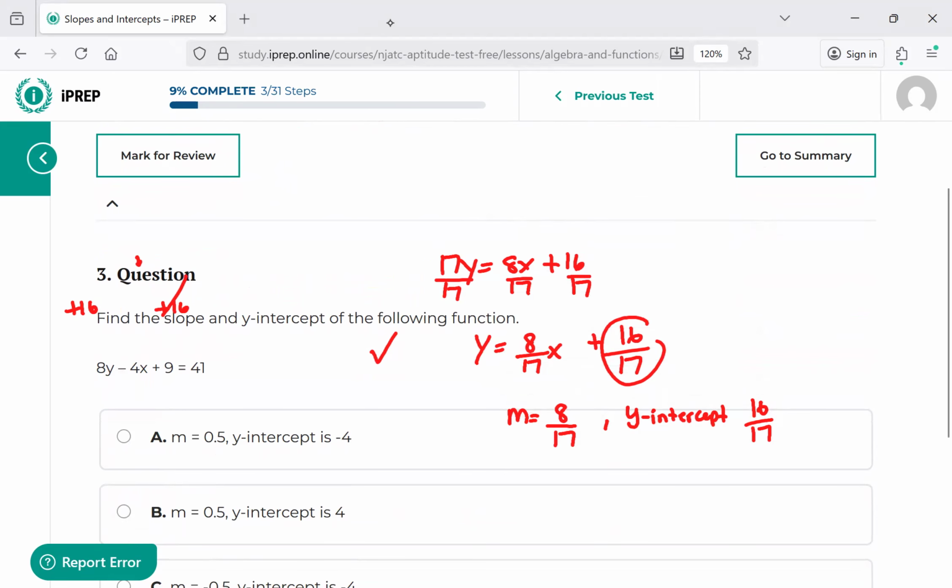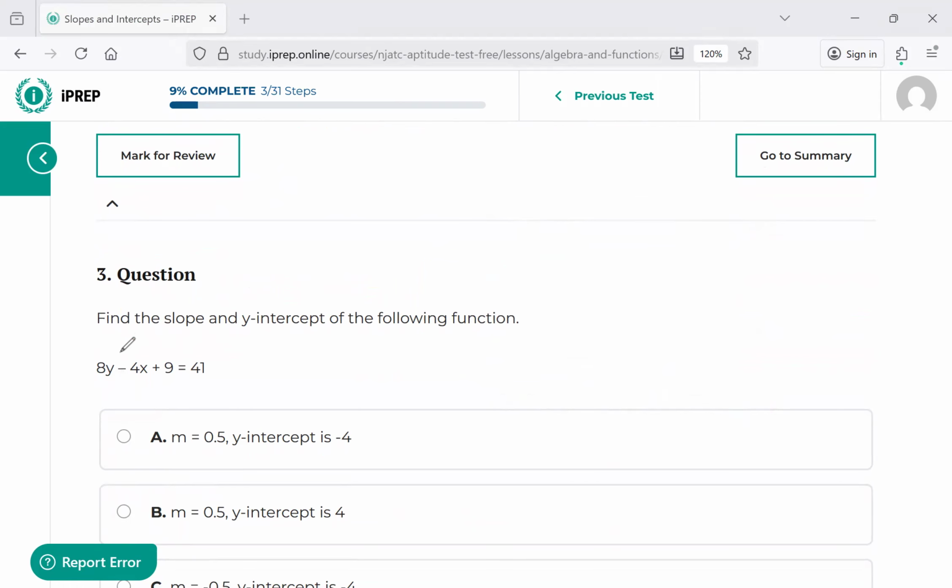Okay, let's do this one. Find the slope and the y-intercept of the following function. It looks way off, but what you want to do is just put it in the form of y equals mx plus b. Get y by itself. The slope is the number in front of x, and your y-intercept is your constant, your b.